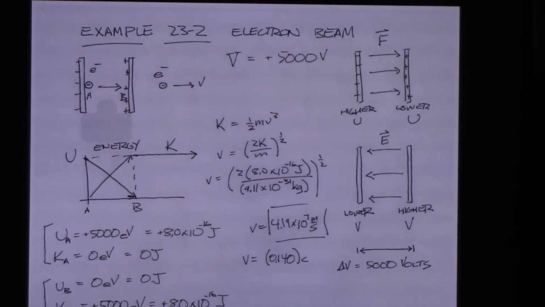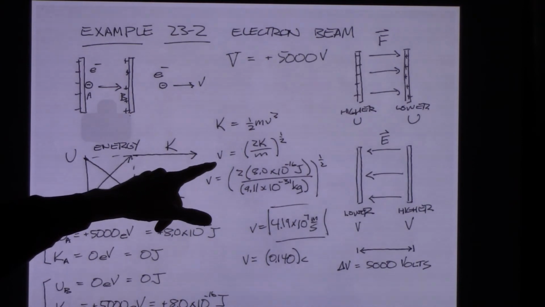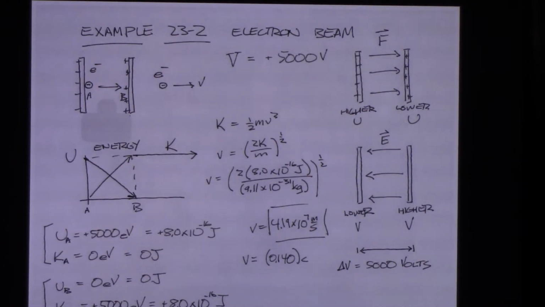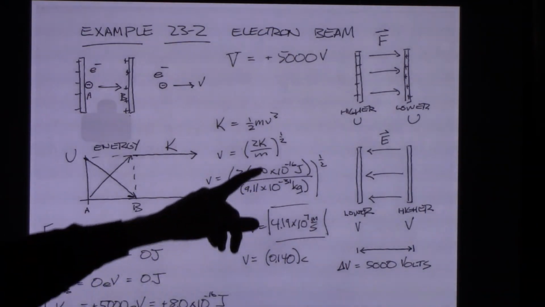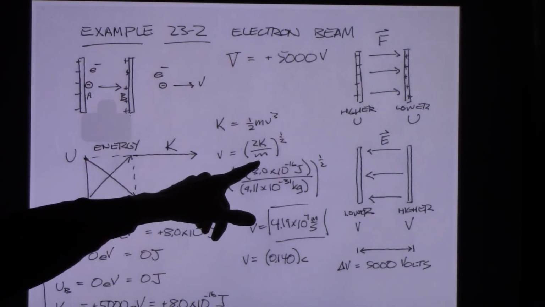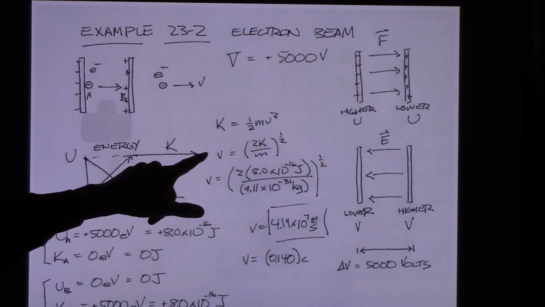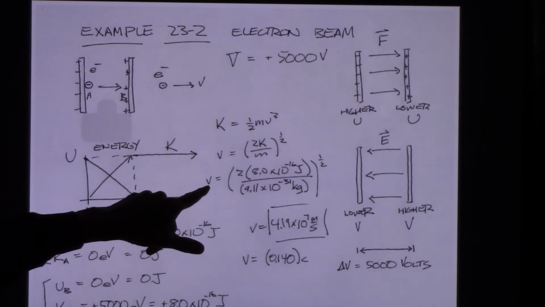Everything looks the same until we get up to velocity calculations, because the mass of the proton is going to be 1,800 times more than the mass of the electron. And what that tells us is that the mass of the proton, because it's so much larger, is going to result in a much lower speed.